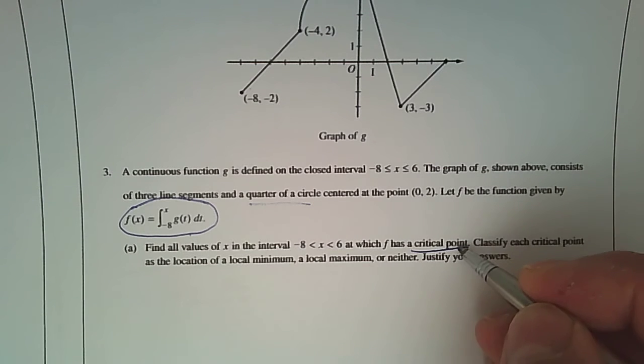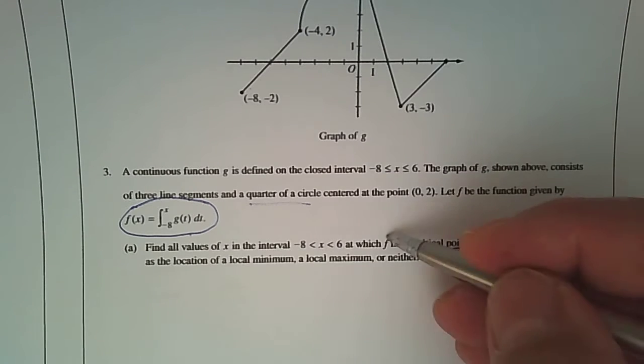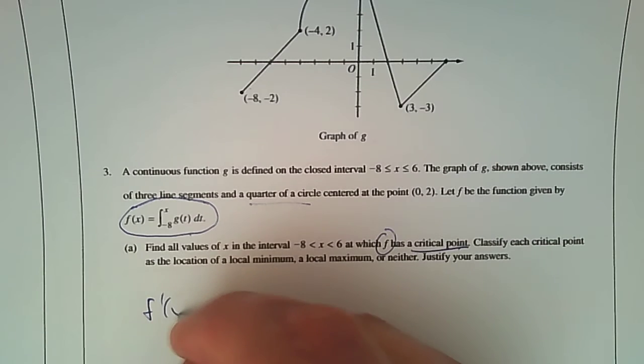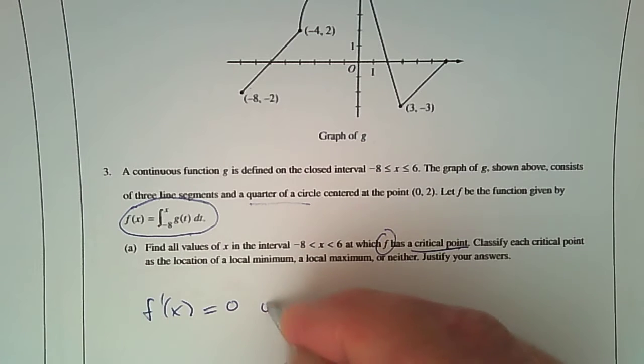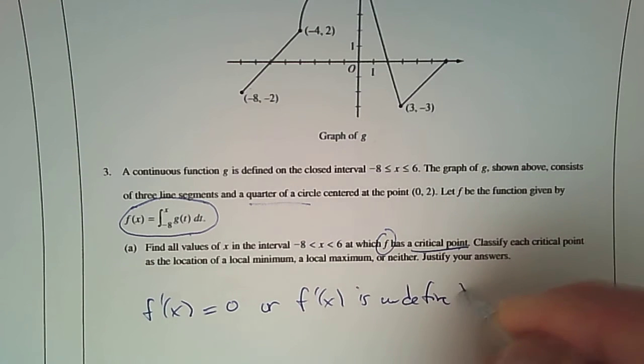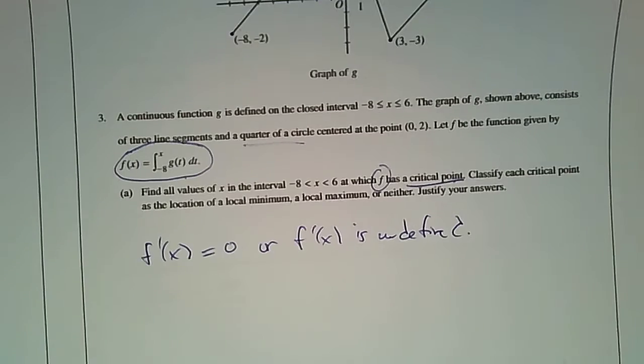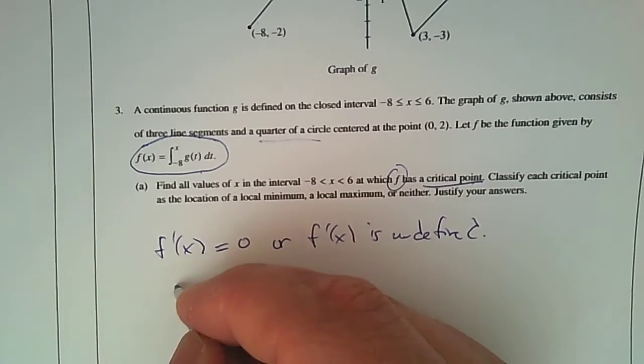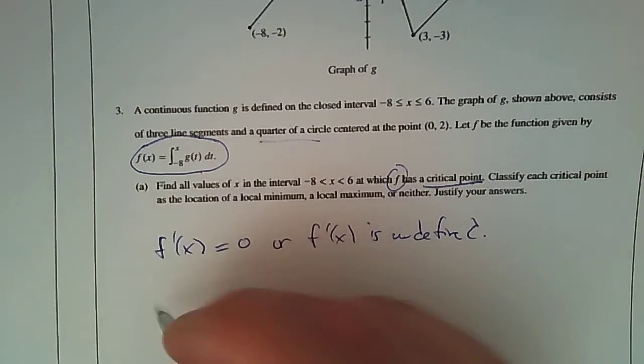So a critical point for f would mean that if you take the derivative, it's either equal to 0 or f' at x is undefined, from -8 to 6. So what are some answers here? What are the critical points here?